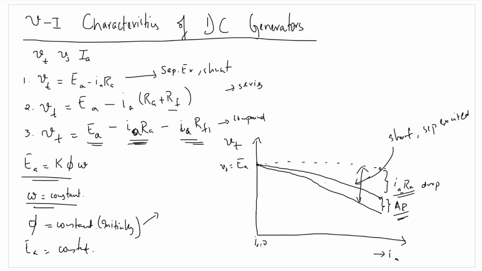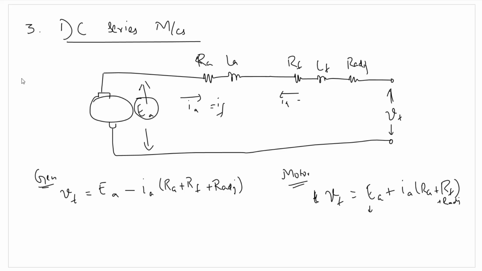Now for a series DC motor, the equation that we had derived, for motoring mode, is Vt equals Ea plus Ia times Ra plus Rf.